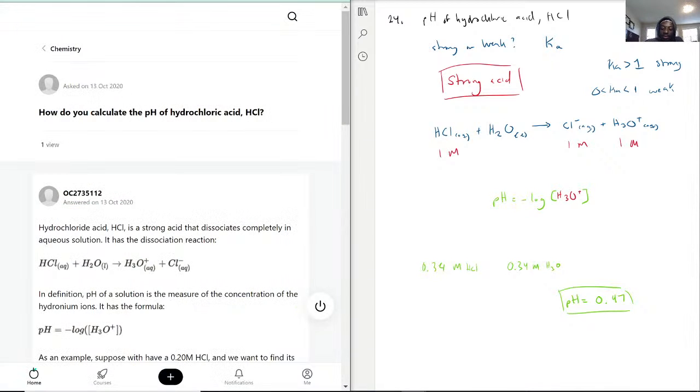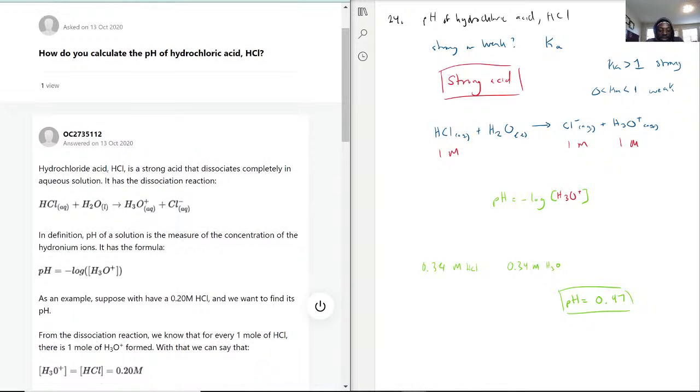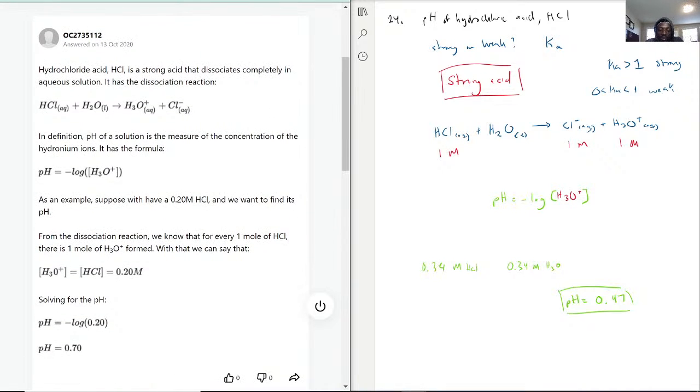Okay, so let's see how we did. We had that important formula, which is what we need: pH equals negative log H3O plus. We have the right equation of how it dissociates, and for this one they used 0.20 and plugged it in to get that answer.